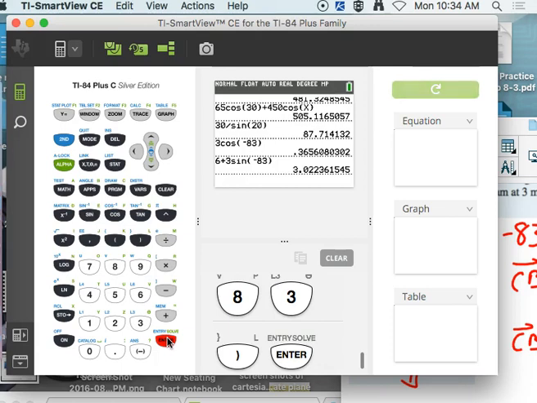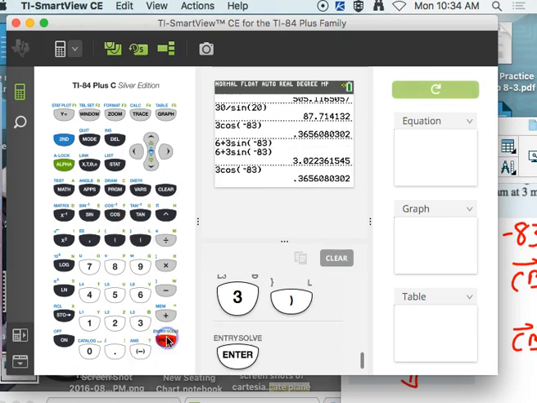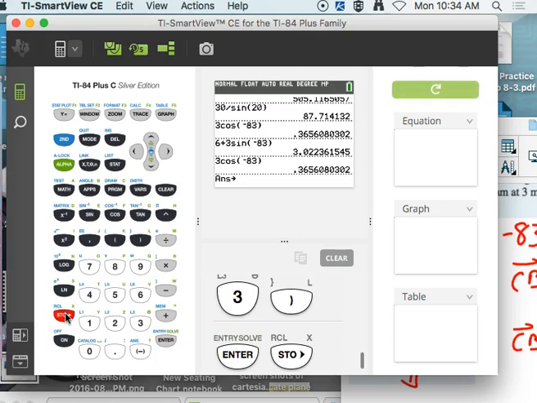Now, like I said, we're going to be using these numbers in a little bit, so let me go through the whole store thing again, even though hopefully after you got reminded before, you're okay. 3 cosine of negative 83. How do you do store? Okay, STO. Maybe I'll just put it in A this time.